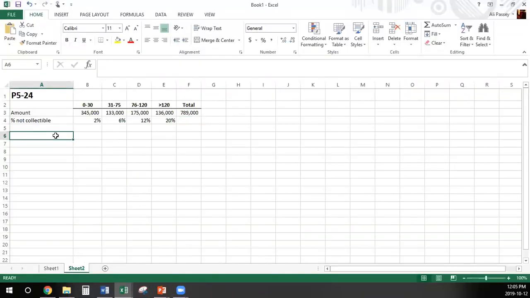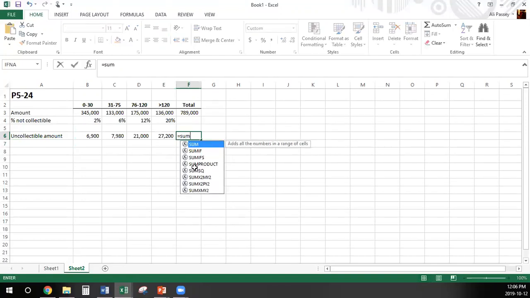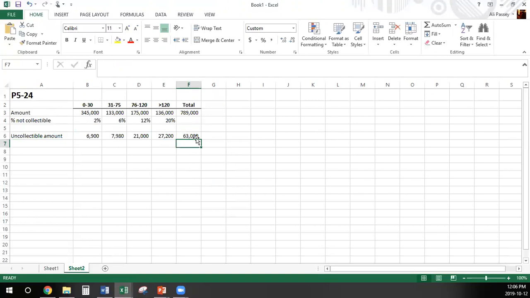So now we can calculate the uncollectible amount. You would just take the amount in that aging category and multiply it by the percent that they don't think is collectible. So if we do that for each aging category, then they believe that a total of $63,080 is uncollectible.